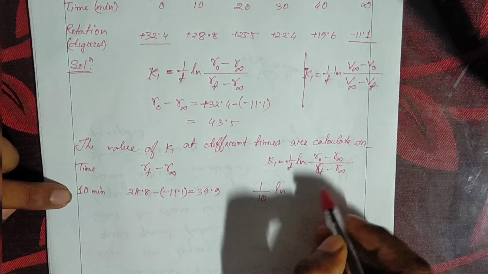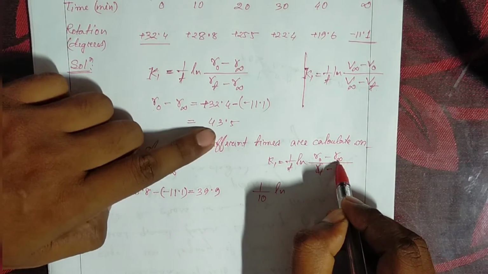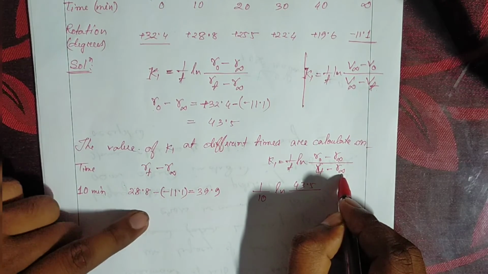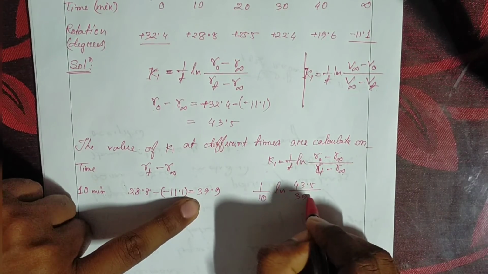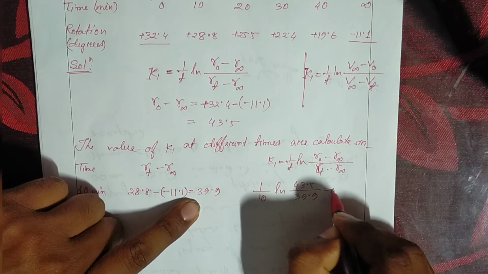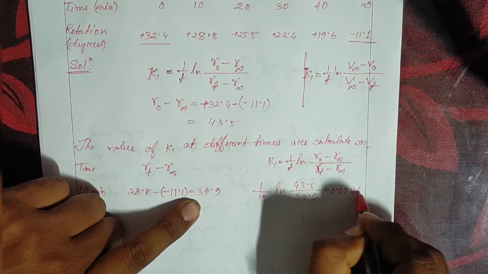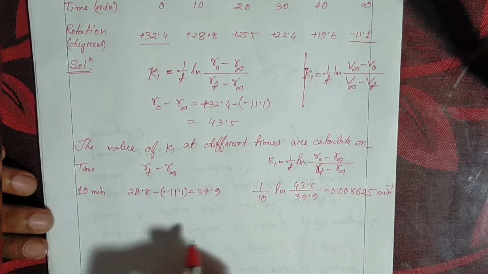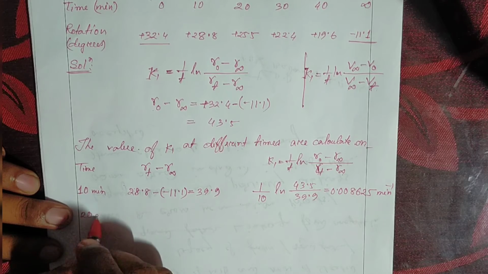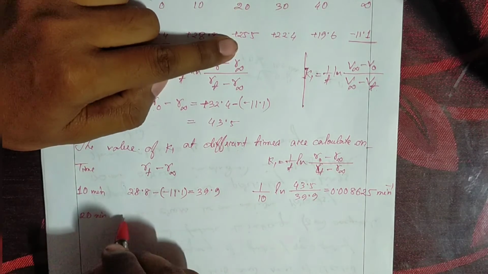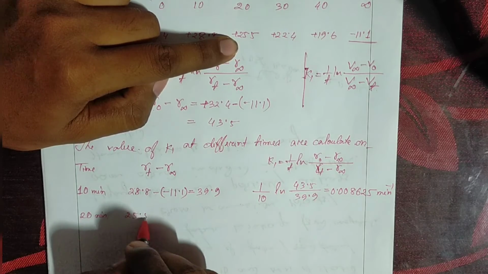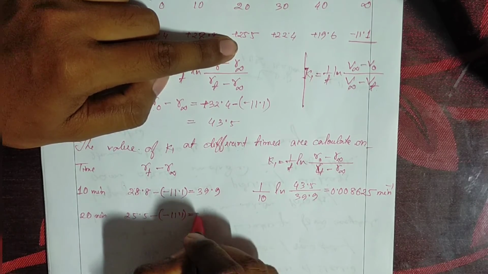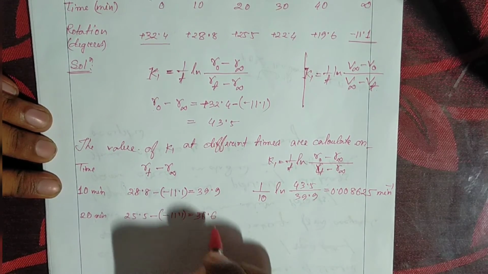So t is 10, ln R0 minus R∞, as we have already calculated, this is 43.5, and Rt minus R∞, that means this one, 39.9, is equal to 0.008625 minute inverse. Okay, so when time is 20 minutes, that means this is the rotation, 25.5 minus 11.1 is equal to 36.6.